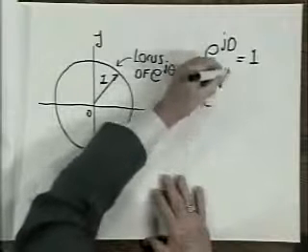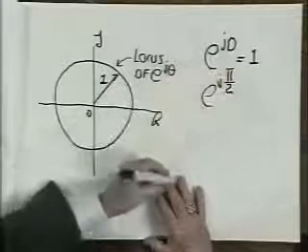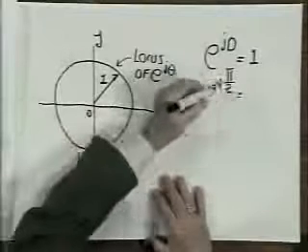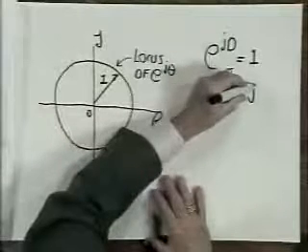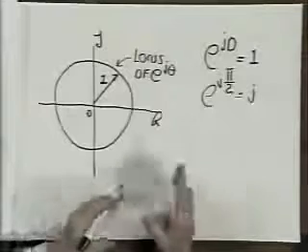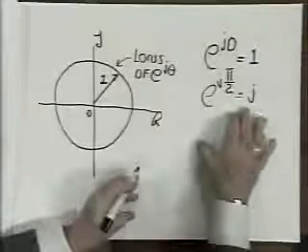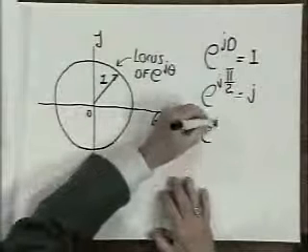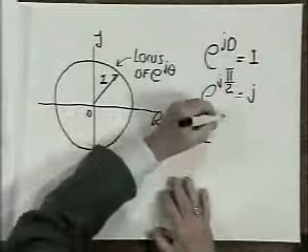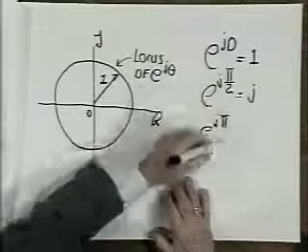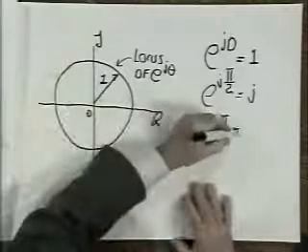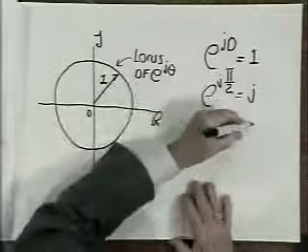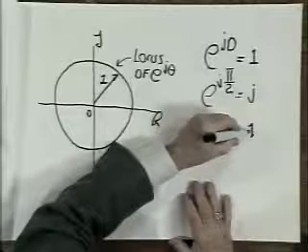e to the j pi over 2, 90 degrees if you will, puts the vector along the imaginary axis, and so e to the j pi over 2 has a value of j. The basis of the complex number system, j multiplied by 1. e to the j pi, 180 degrees, falls along the negative real axis, and the value of e to the j theta is minus 1.